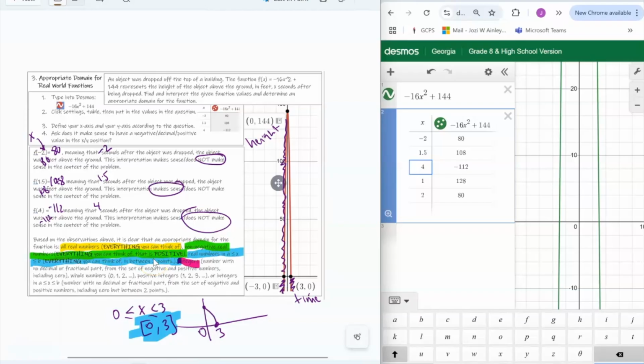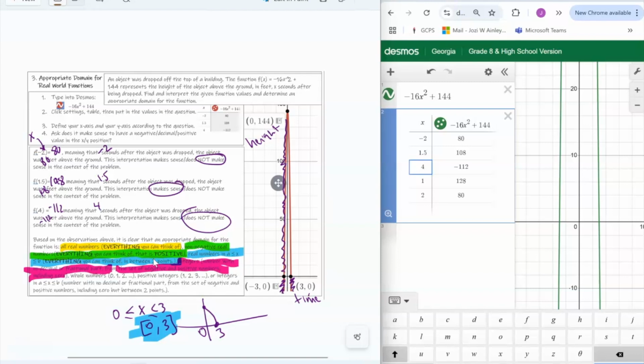An integer. What is an integer? Numbers with no decimal or fractional piece from a set of negative and positive numbers. That's what an integer is, including 0. What are whole numbers? Whole numbers are 0, 1, 2. What are positive integers? 1, 2, 3. Or integers between 2 points, like we had right here.